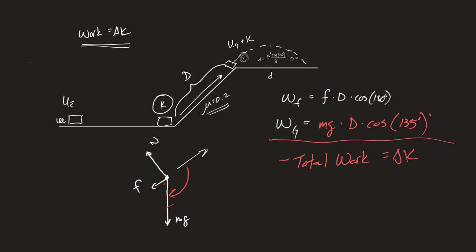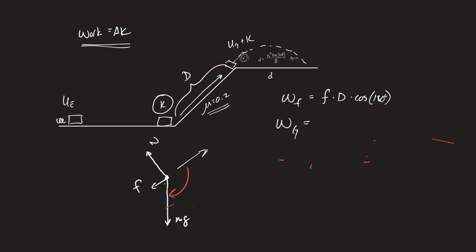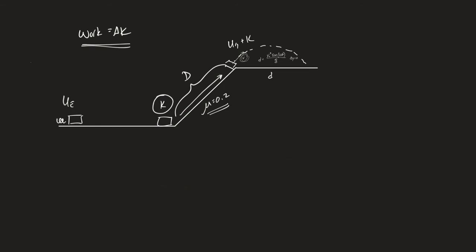I could, instead of doing it the way I just described, get all this out of the way, realize that I have two states of the problem. The bottom state, I've got kinetic energy. Actually, I could go back even further. Two states of the problem.